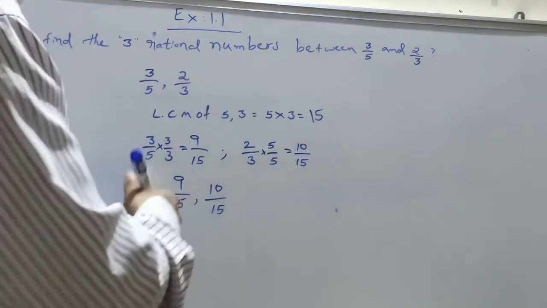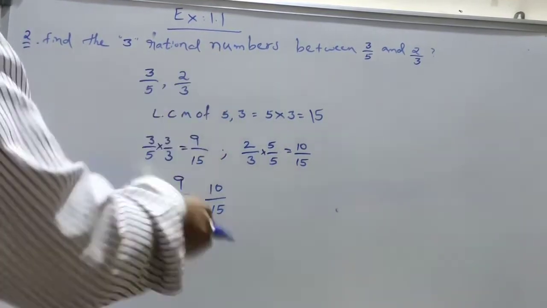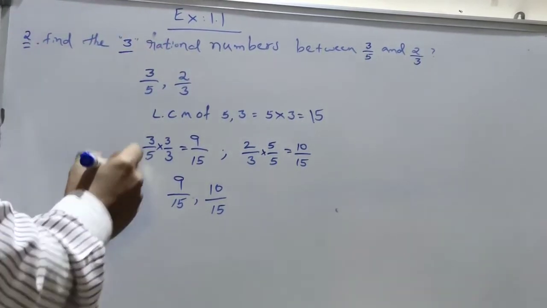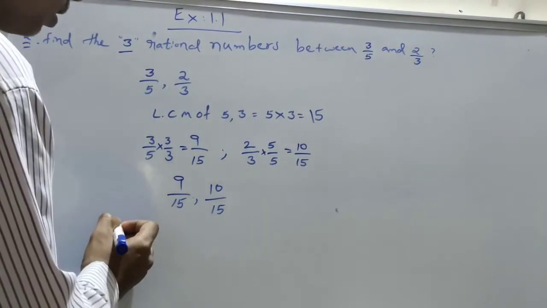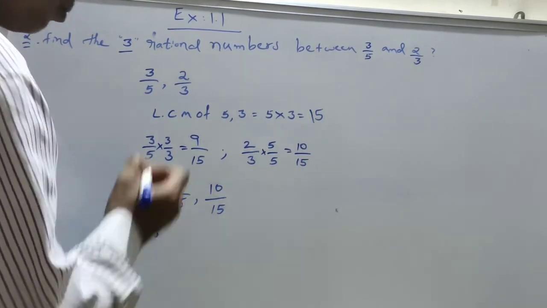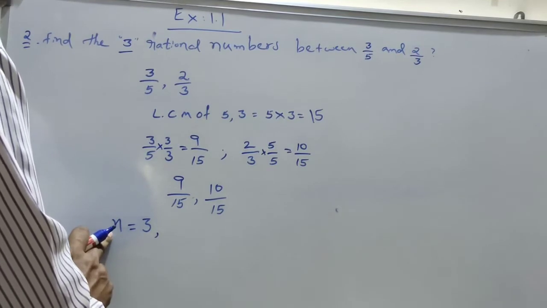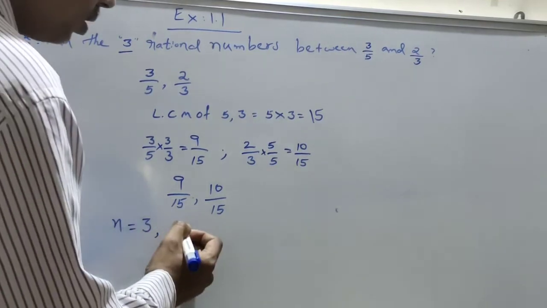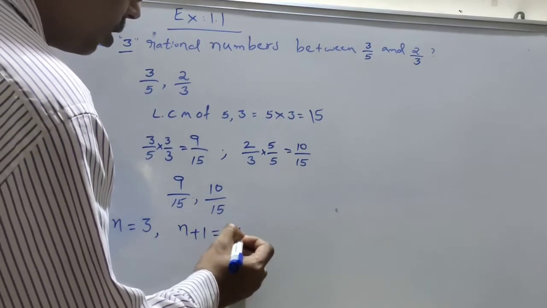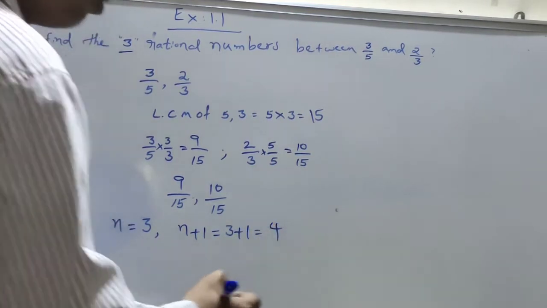So in between these two rational numbers, we have to find 3 rational numbers. Again follow that one step method, the same process. Let n equal 3, then immediately find n plus 1, that is 3 plus 1 equal to 4.